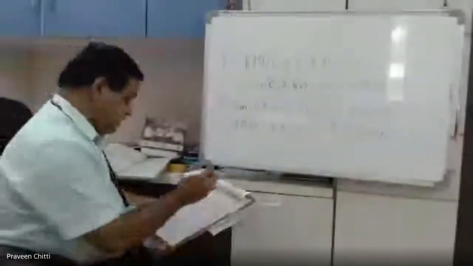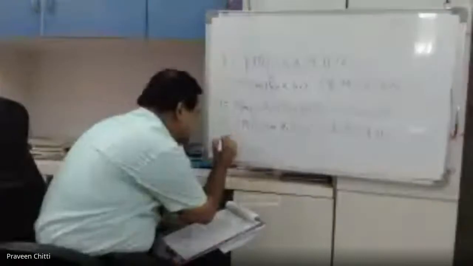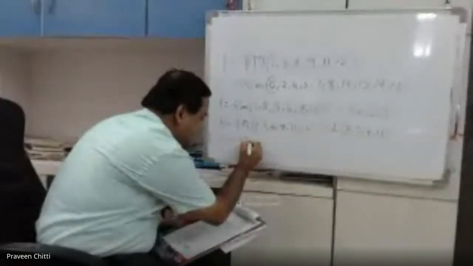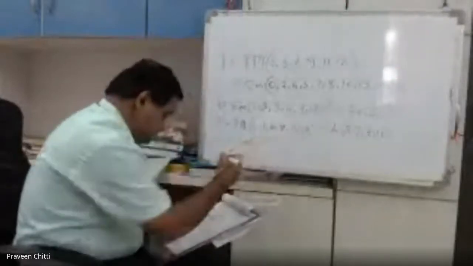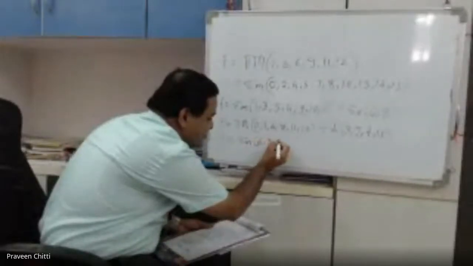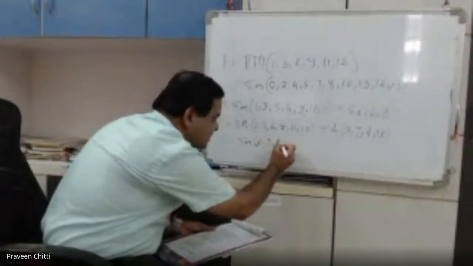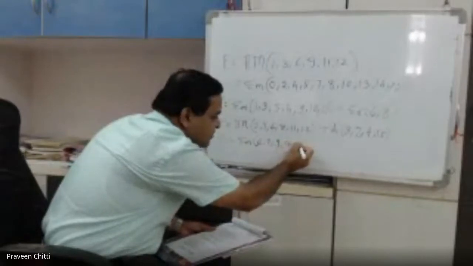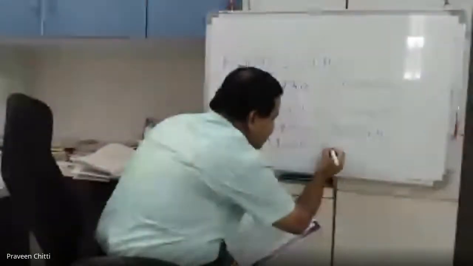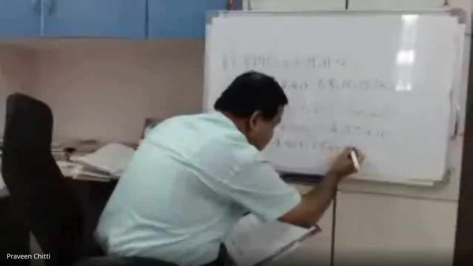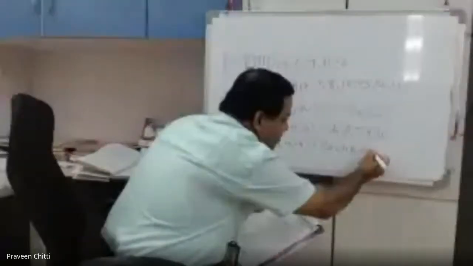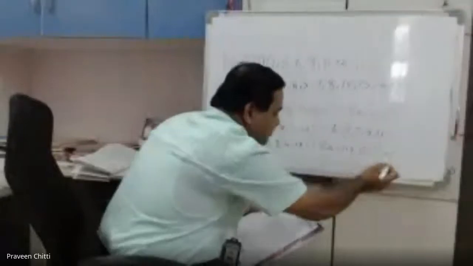So you can try one more: F equal to sigma m 6, 7, 9, 10, 13 plus sigma d 1, 4, 5, 11 and 15.